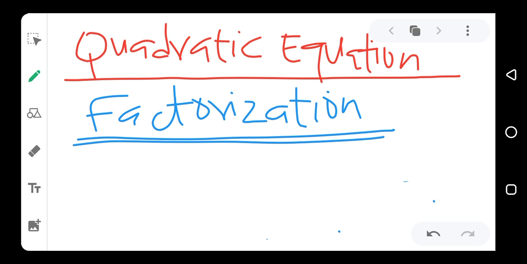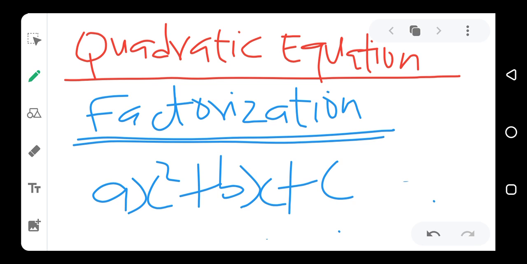In a simple quadratic equation, I gave you the standard format for a quadratic equation as ax squared plus bx plus c is equal to 0. In a simple quadratic equation, a is always equal to 1.